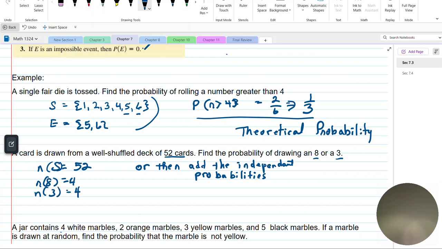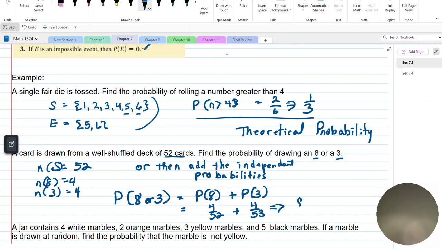All right, so now we're going to structure it. We want the probability of an 8 or a 3. So that's going to be the probability of an 8 plus the probability of a 3. The individual probability is 4 out of 52 plus 4 out of 52 for the 3s.